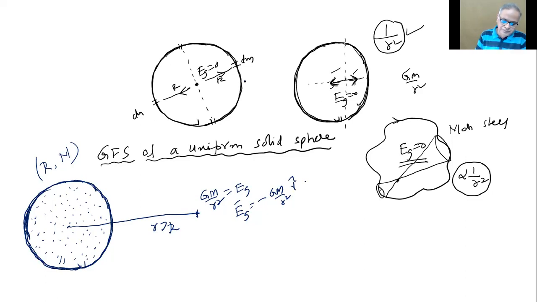Now tell me, anybody else? Apply the idea of the shell theorem here and tell me that even for the solid sphere, it is like a point mass at the center at an external point.